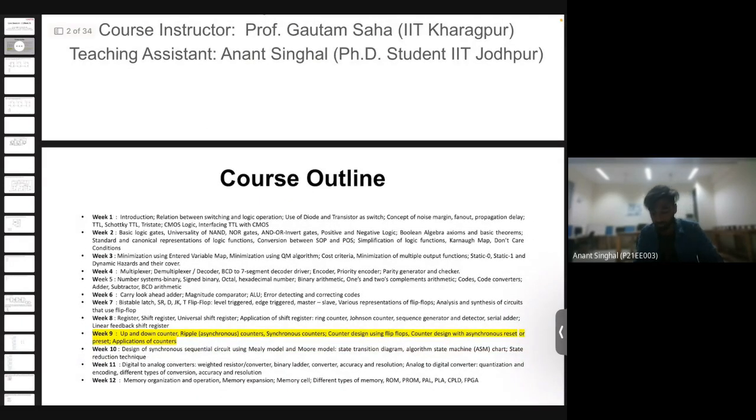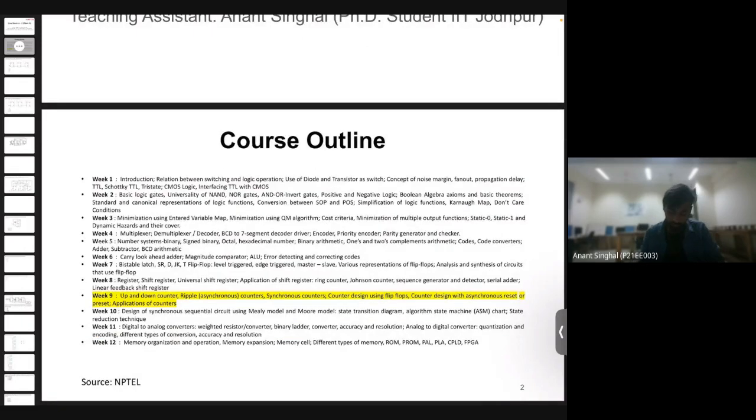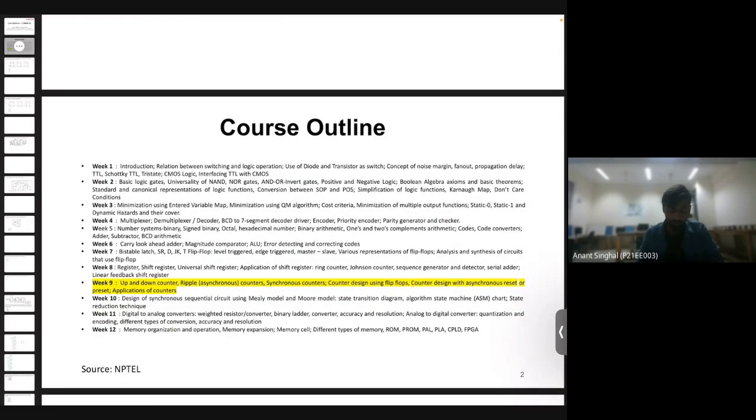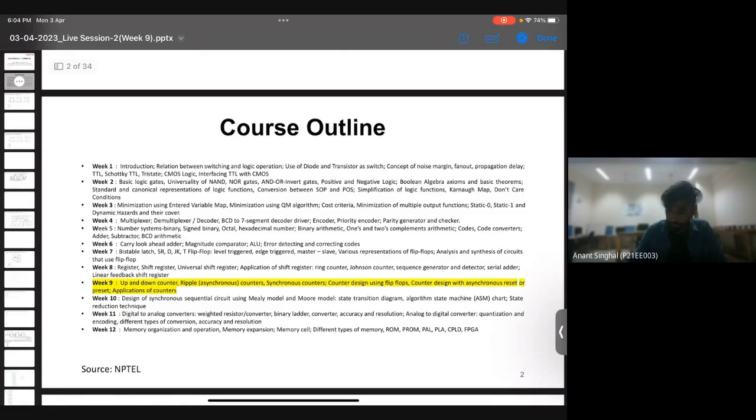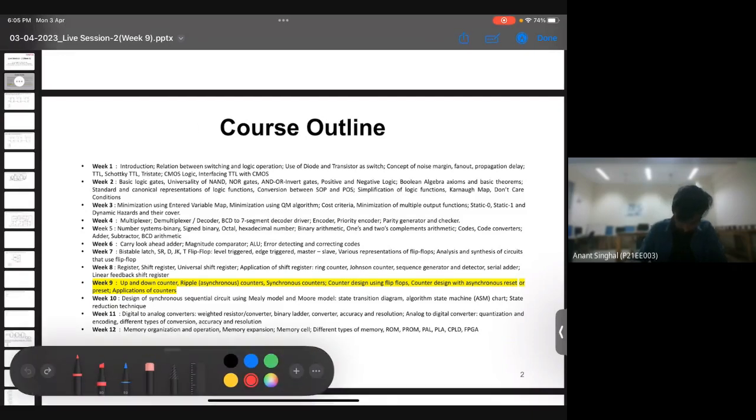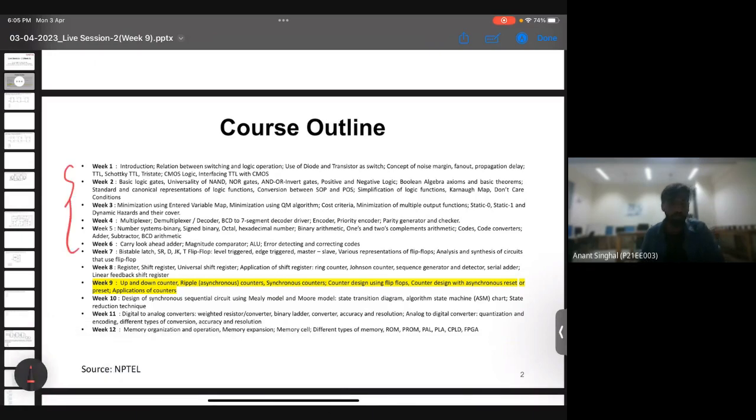So, this is the course outline. As we know, in the initial weeks of this course, we have covered the combinational part of the circuit, which is from week 1 to week 6. And then we started studying the sequential part of the circuit, which is the most important component of this course.